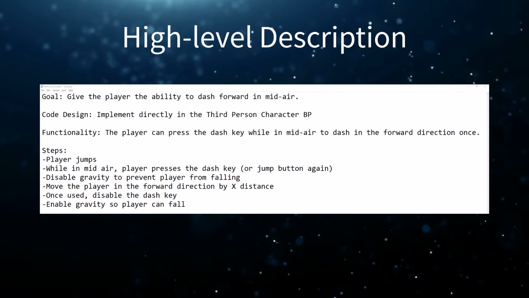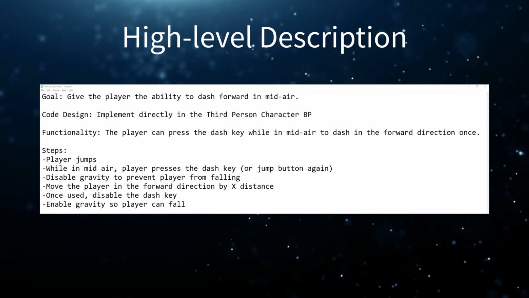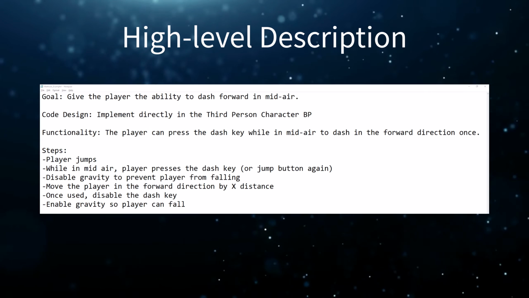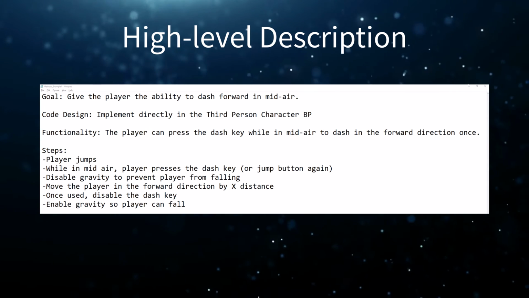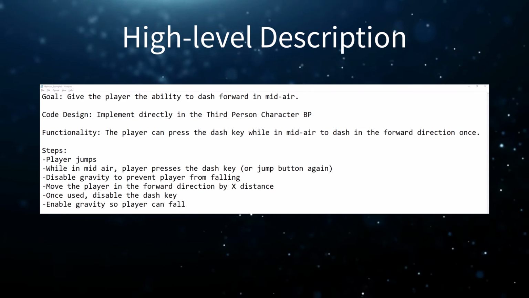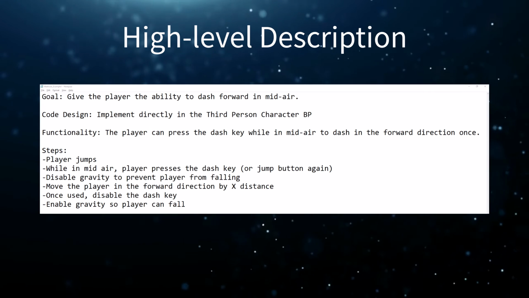And the steps are as follows. The player jumps. While in mid-air, the player presses the dash key or jump button again. We disable the gravity to prevent the player from falling. We move the player in the forward direction by X distance. Once used, we disable the dash key, and then we enable the gravity so the player can fall.